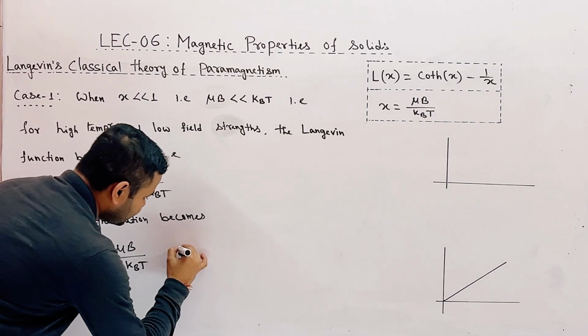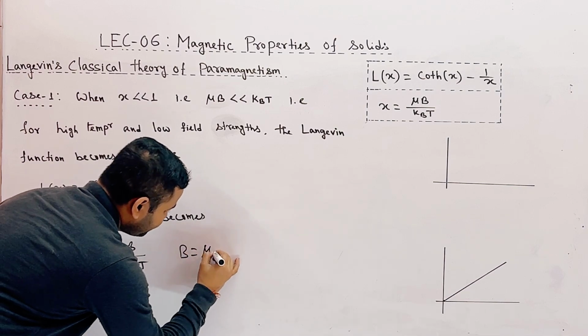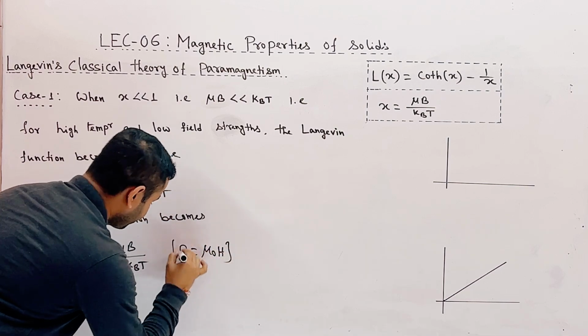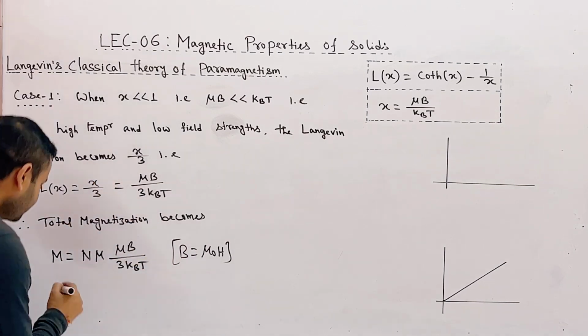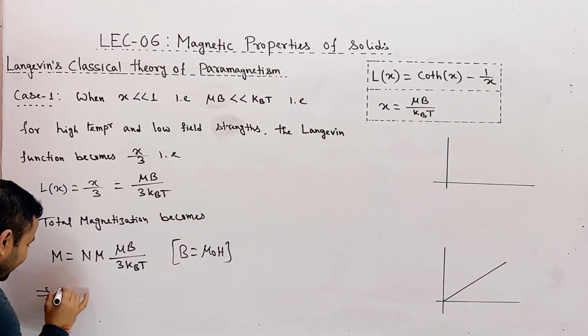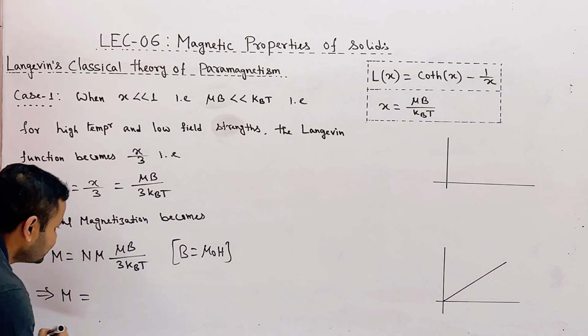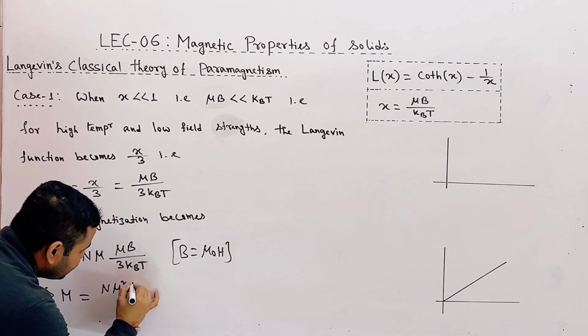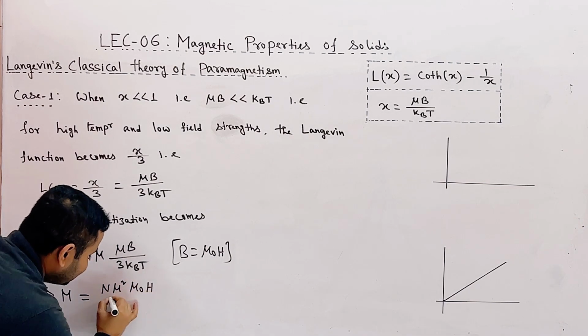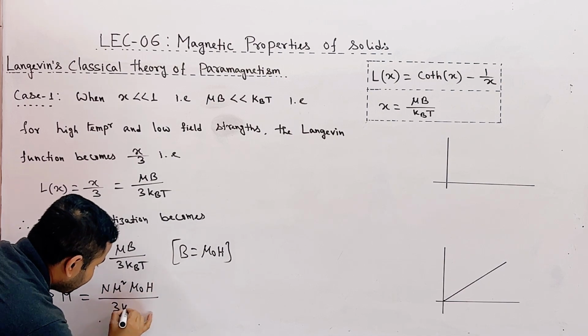Again we know that the value of B is mu naught into H. So after substituting this value and after simplifying, we will get total magnetization M as n mu square mu naught H divided by 3 kBT.